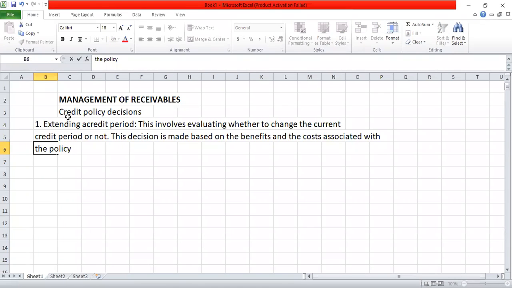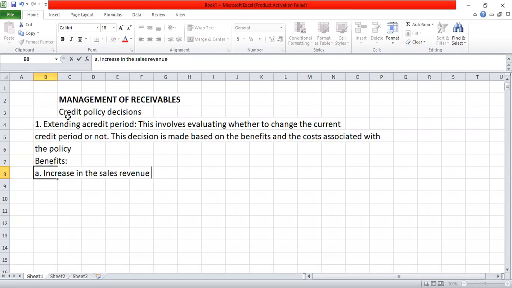So if you are evaluating whether to extend the credit period, you are going to look at the benefits of extending the credit period, and the costs that may be associated with extending it. The benefits may include an increase in the sales revenue. If the credit policy is changed, you expect that the sales revenue will increase.